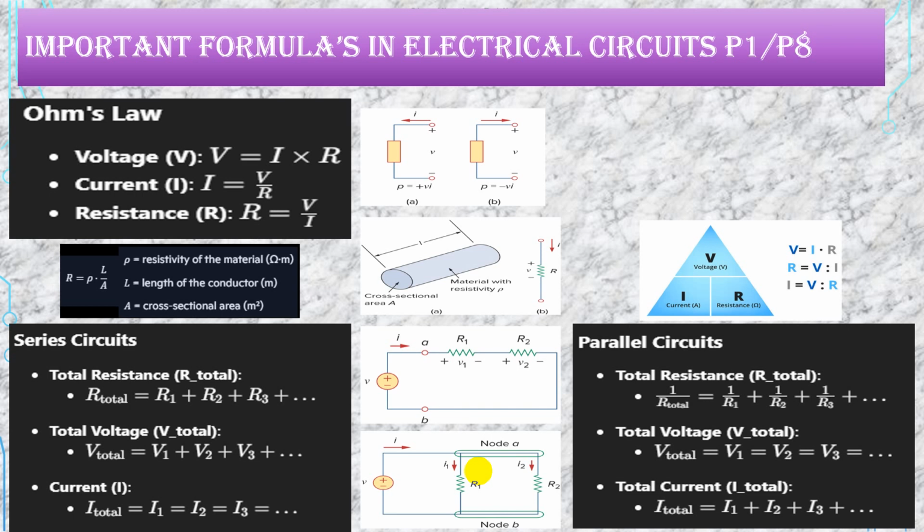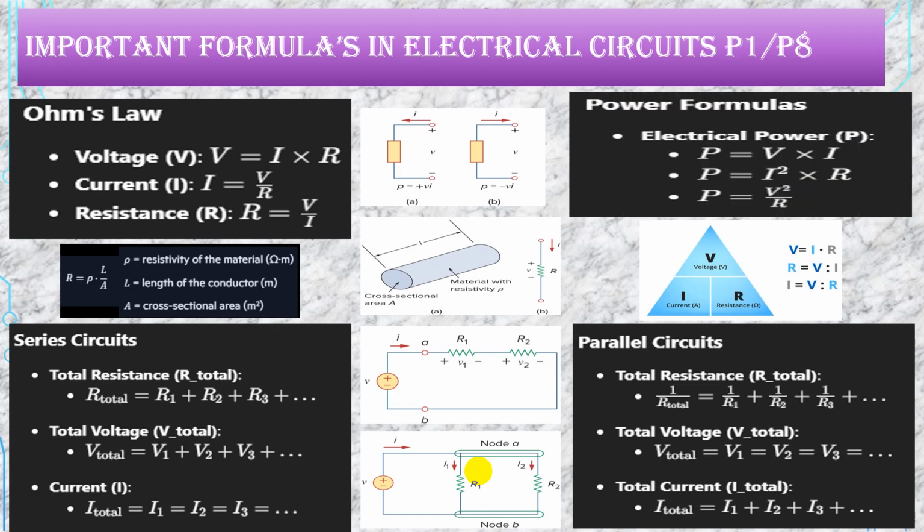When current is leaving that element, then it is minus VI, means power delivered, giving out, like a generating station. Like our heaters, AC, projector, they take the power. So current enters inside, so that's called plus VI.